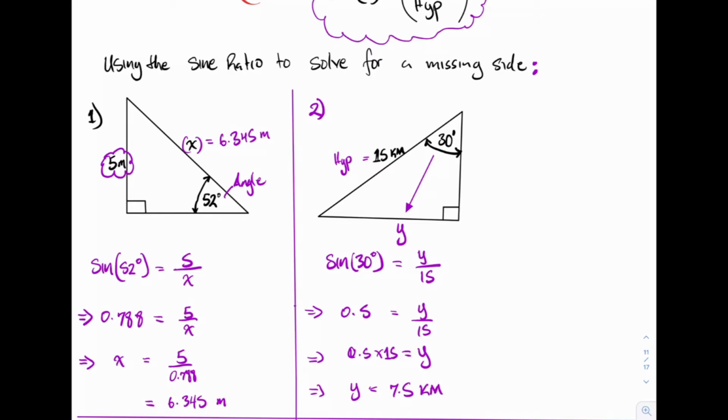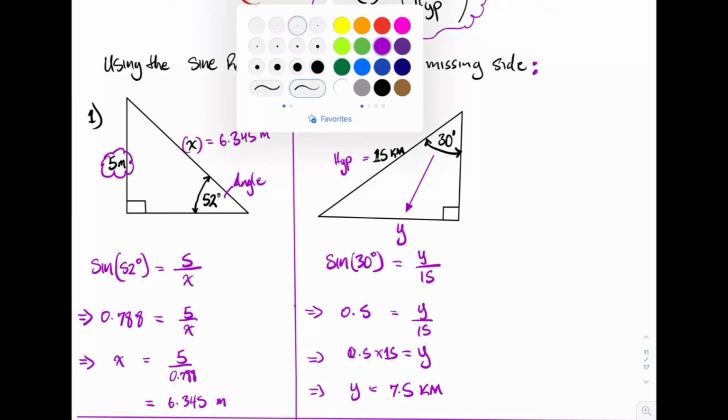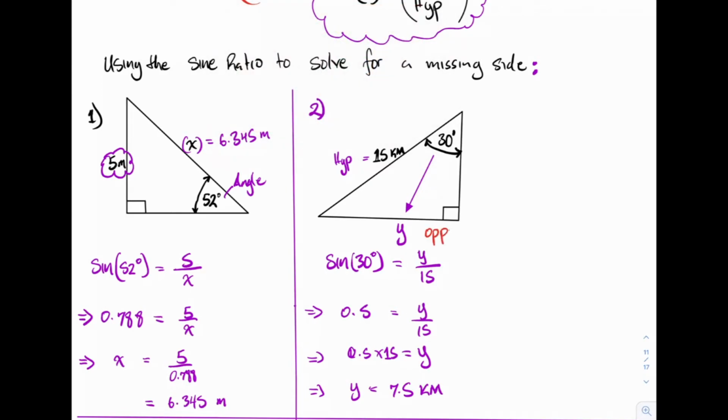So we found the opposite side here. Let's make a note of that. Here we see that the opposite side was missing, and over on this side, the hypotenuse was missing. So if the hypotenuse is missing, we can use our sine ratio, and if the opposite side is missing, we can use the sine ratio.